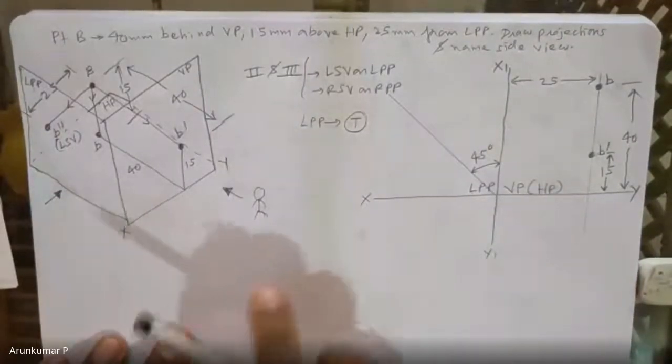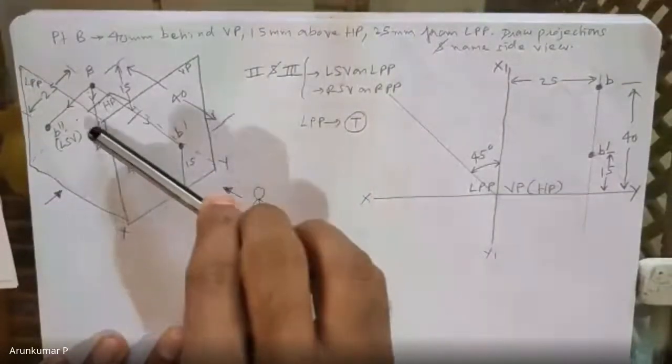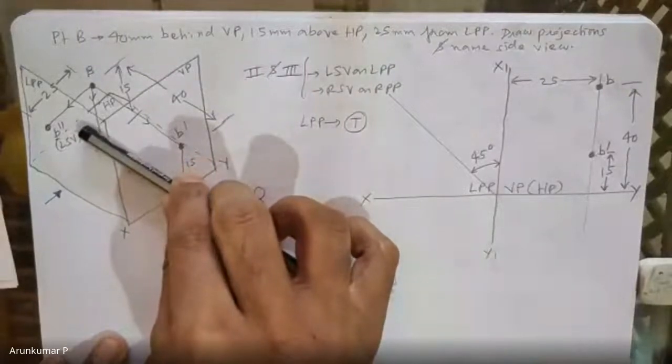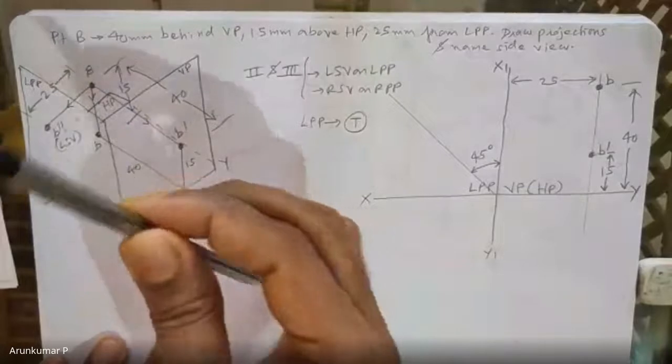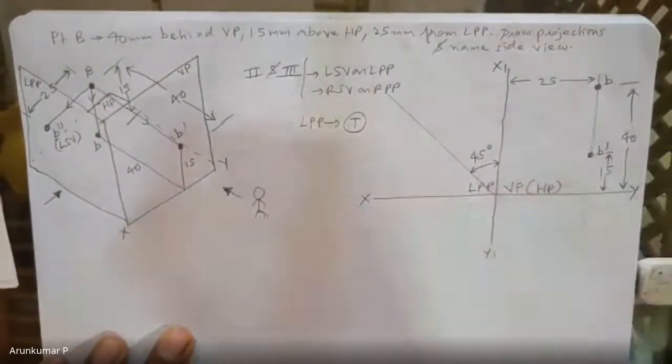I hope you understand how this happens. See this 40 mm, the distance of the top view from XY line. So you can say that this is a line. When the horizontal plane rotates in the clockwise direction, this line also rotates and becomes vertical. That is why you're getting the top view like this, 40 mm above XY.